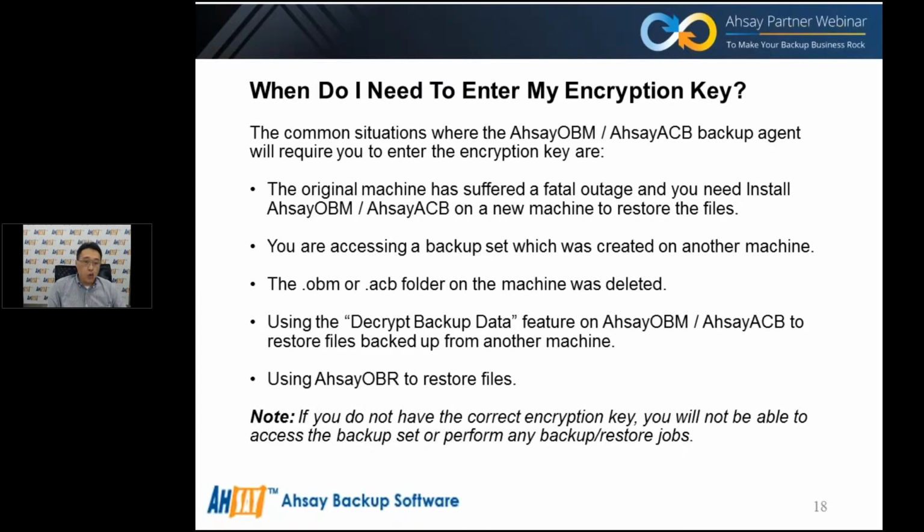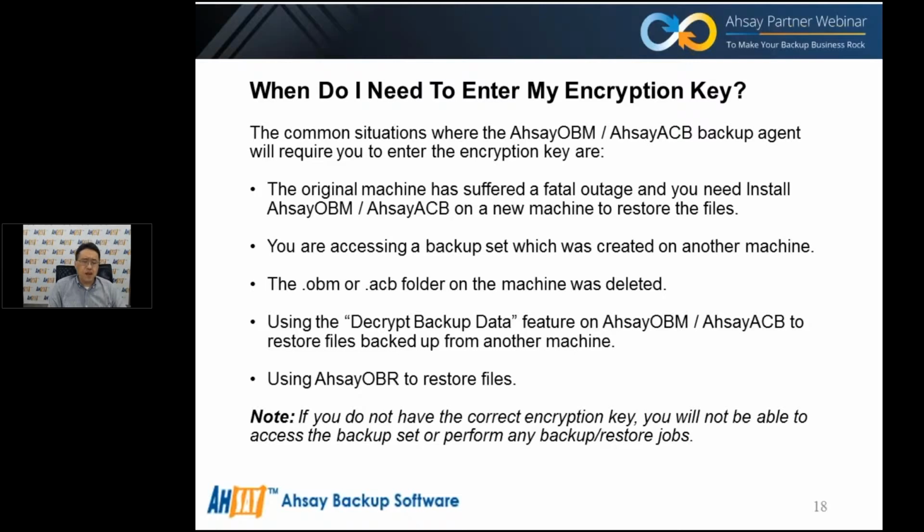If the .obm or .acb folder on the machine was deleted, that means the settings.sys file where the encryption settings were saved is removed. Then OBM or ACB will prompt you for the encryption key before you can access any of the backup sets. If you're using the decrypt backup data feature on OBM or ACB to restore files which were backed up from another machine, again, you'll be prompted to enter the encryption key before you're allowed to proceed with the restore.